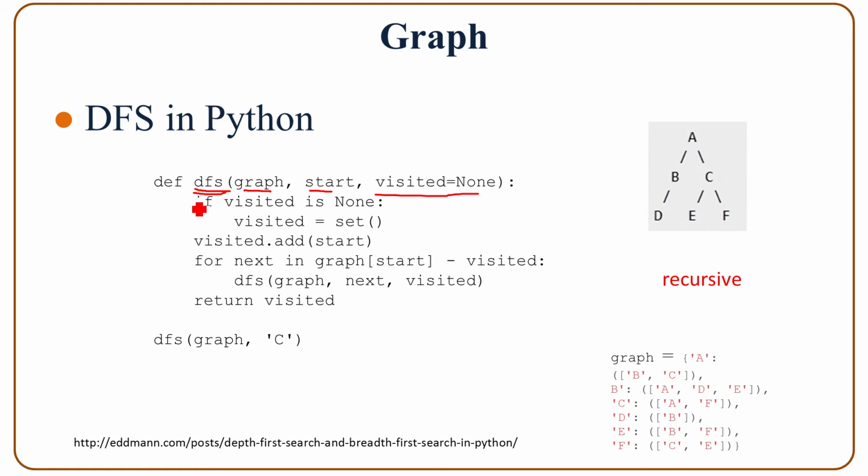So if you haven't visited any node yet, then visited is initialized with an empty set, and later passed to the function called recursively.